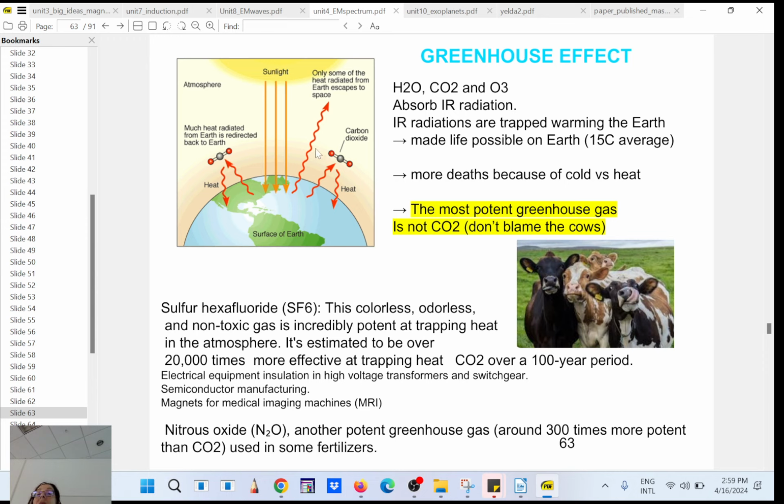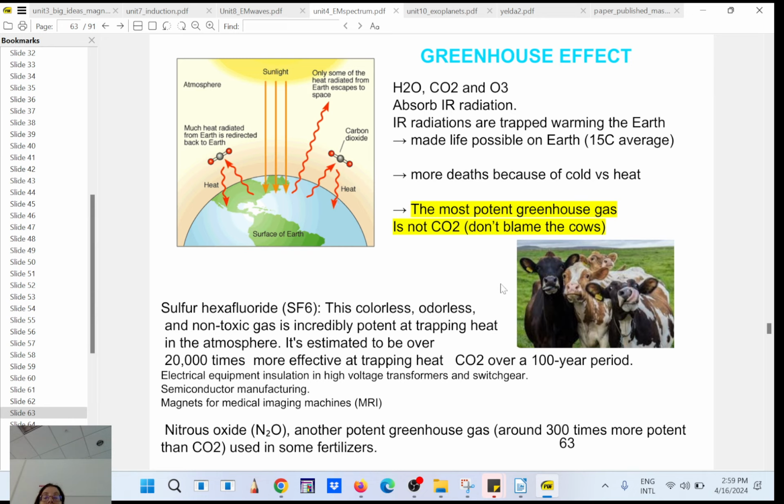Some of the infrared will escape to space, but thanks to those greenhouse gases, some of the infrared will be trapped. So it behaves like a blanket and keeps us warm. So greenhouse gases are very good.